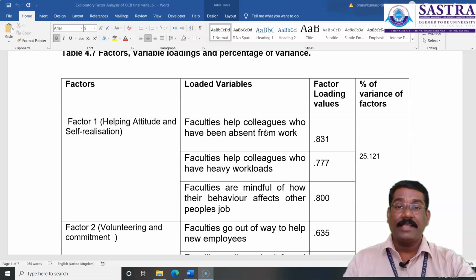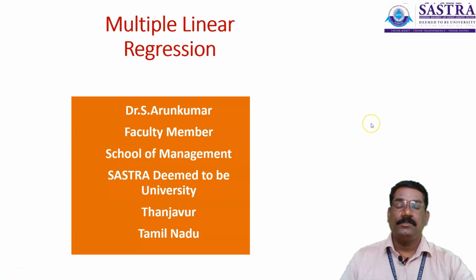We all know that exploratory factor analysis is a data reduction technique whereby a large number of variables can be reduced into a small number of factors or dimensions, which makes the job of the presenter easy. I hope you all clearly understand what exploratory factor analysis is.